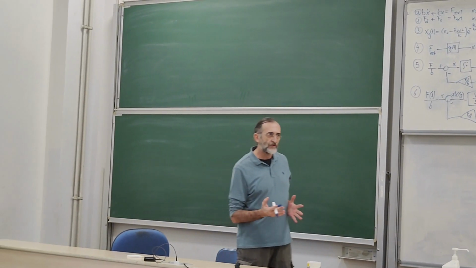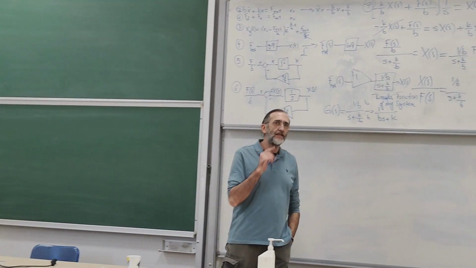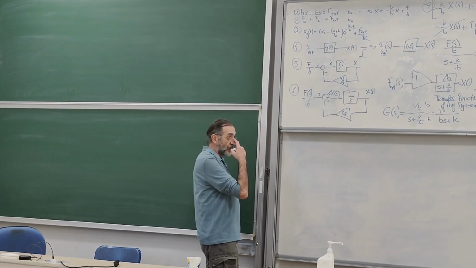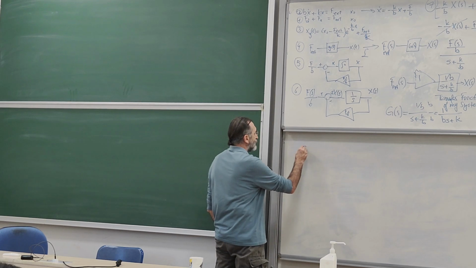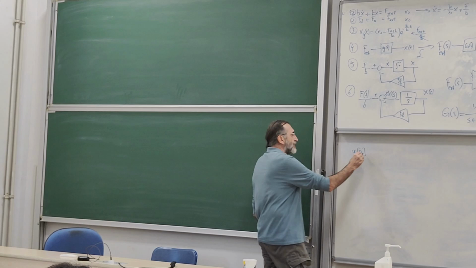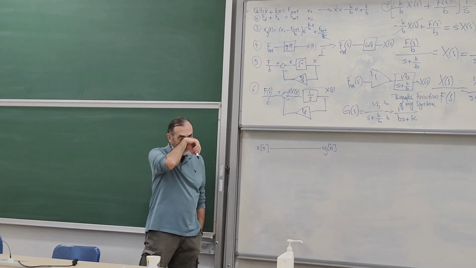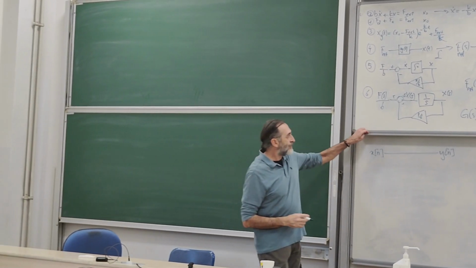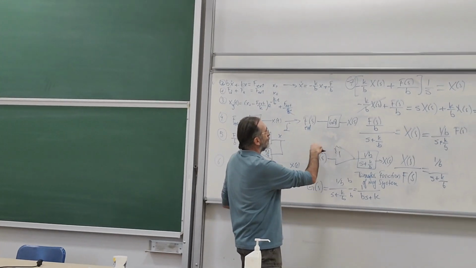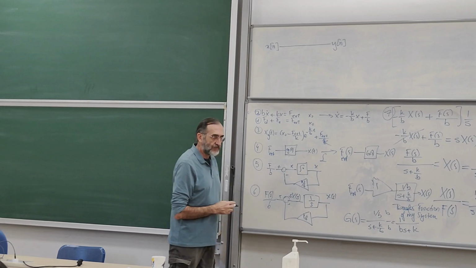Now how about in the discrete format? What we have in the discrete format is a little bit different. What we're going to have is the following. We're going to have an input. Then we're going to have the output. See that the forward path, as opposed to this forward path, has no integrator.